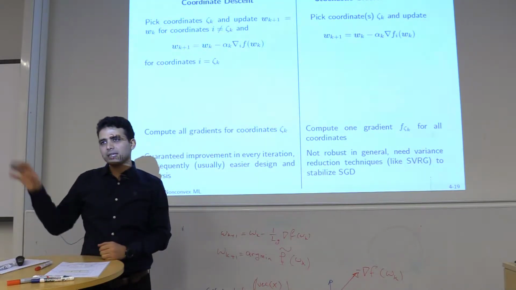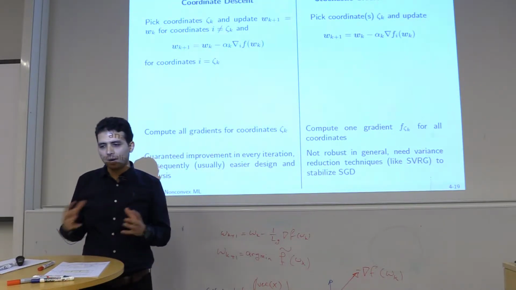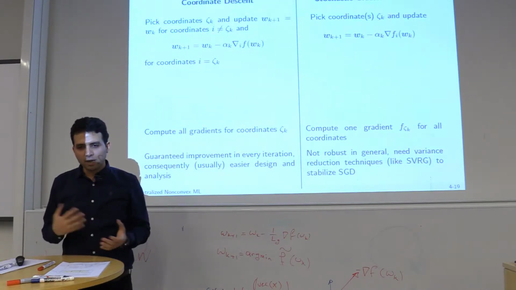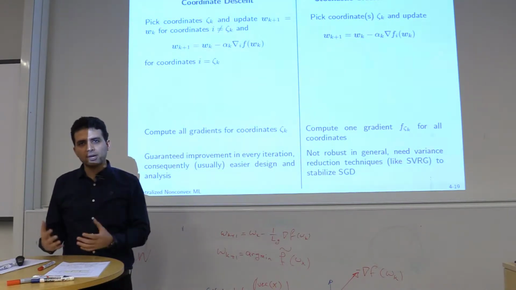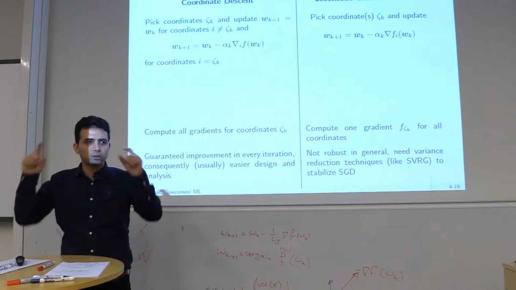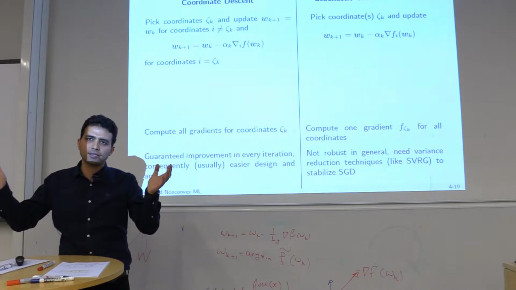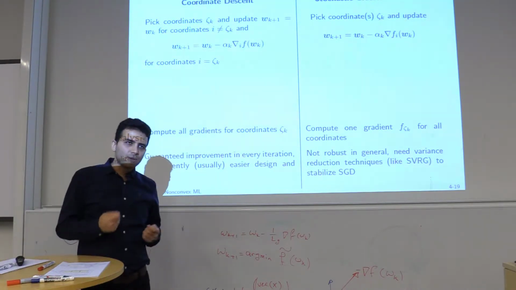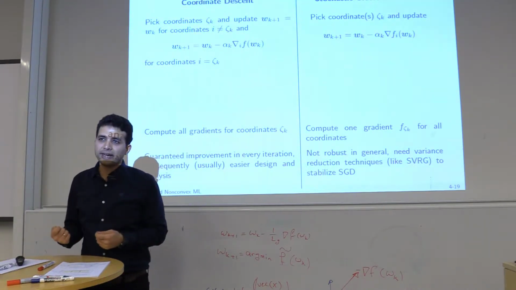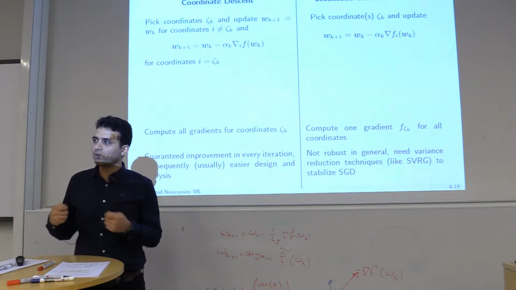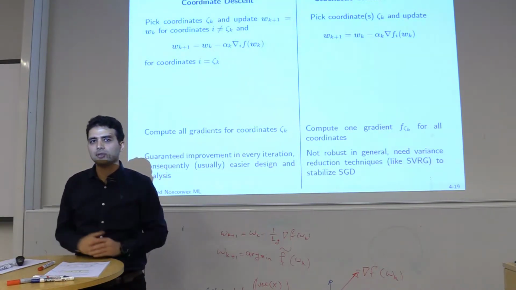The whole problem is from the communication, not from the computation, right? So you want to collect as few gradients as possible because you don't want to communicate with those nodes and ask them to send the gradients back to me, okay? So in that case, the problem is not which coordinate you should access or reducing the number of coordinates. It is just trying to reduce the number of gradients that you ask from individual nodes.